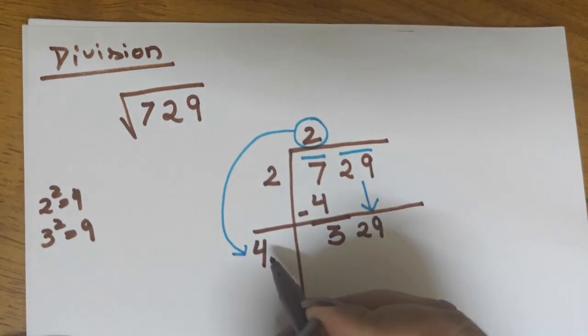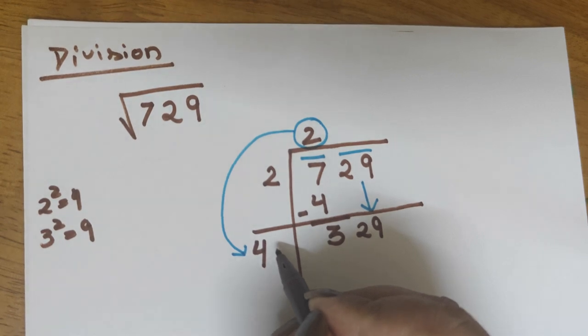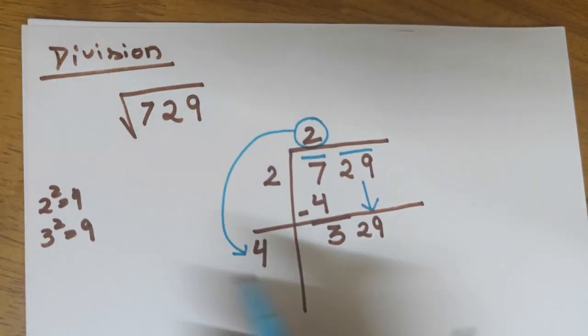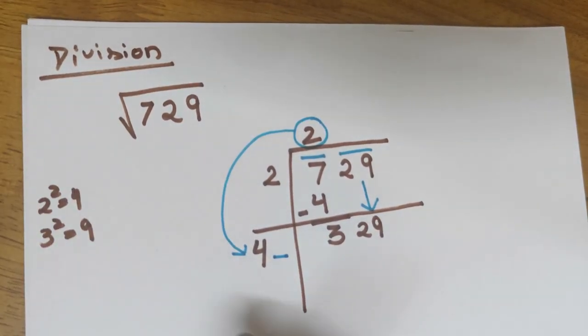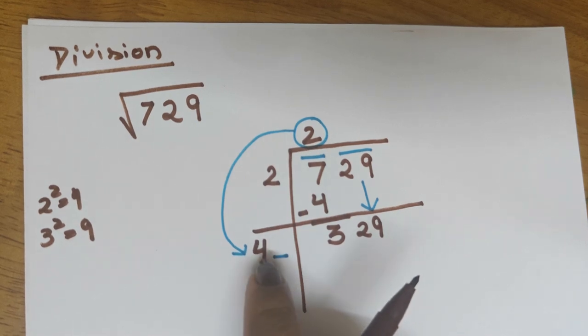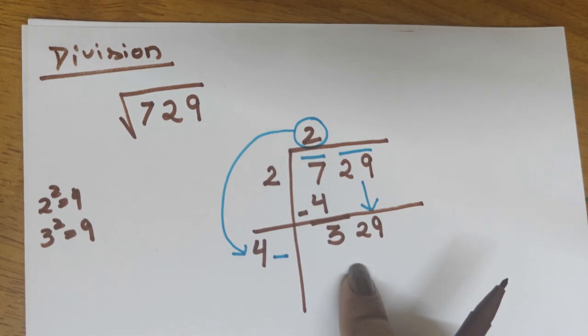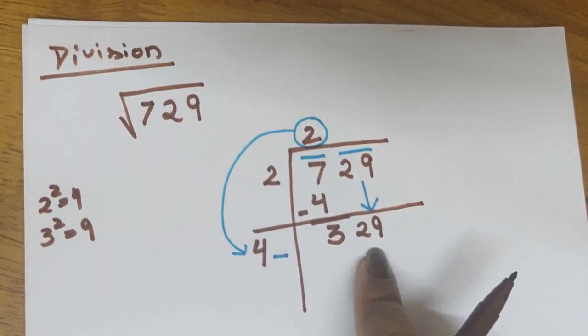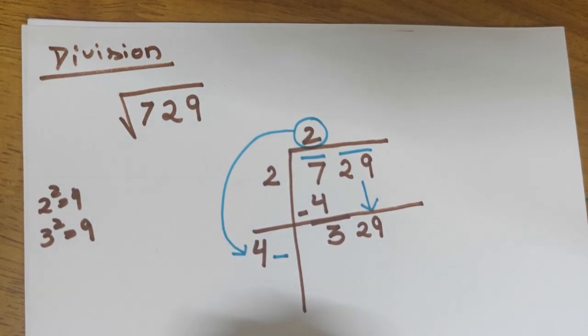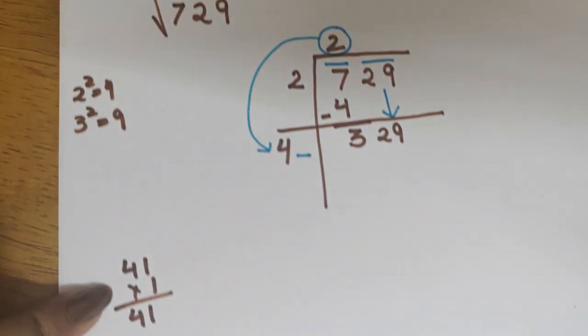Now again we have to find a number to fill in this blank, which when multiplied by this number can be equal to or less than 329. So let's try with 1. 41 into 1 will be 41.